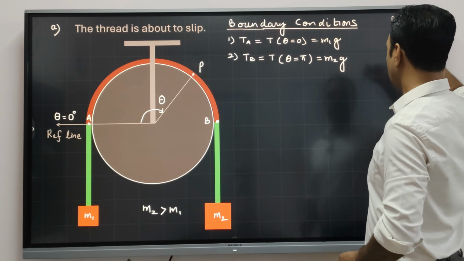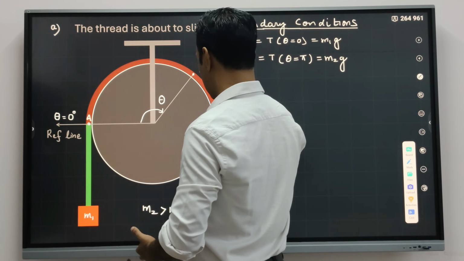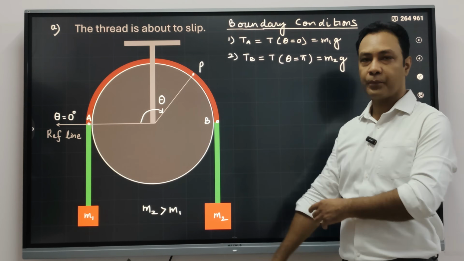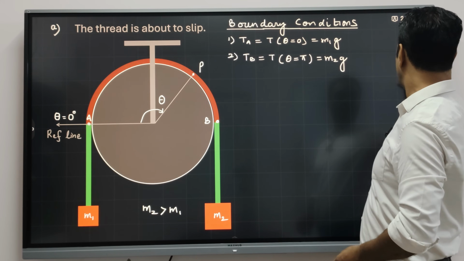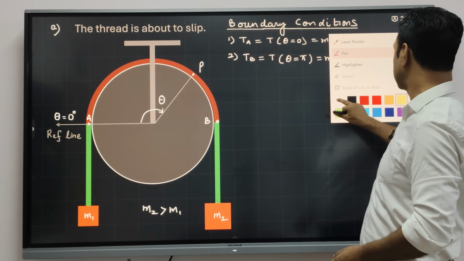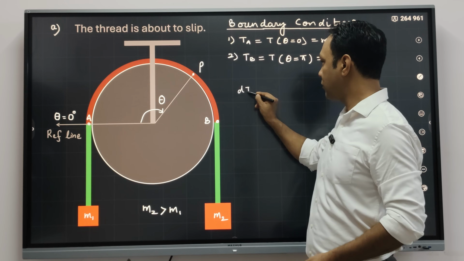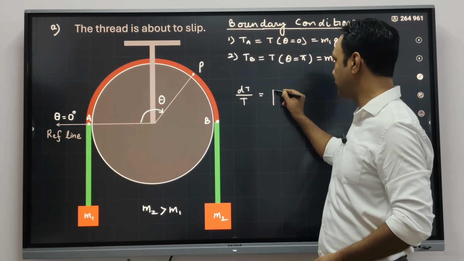Alright. So now coming to the main question. Here what was given is that the thread is about to slip at this shown position. m2 by m1 was eta naught. So we have to find mu. Now I just got dT by T is equal to mu d theta.